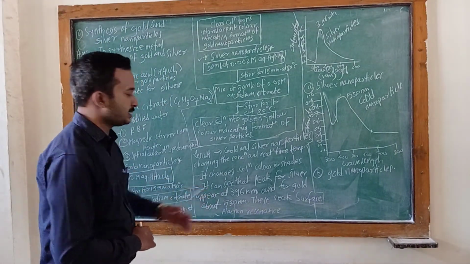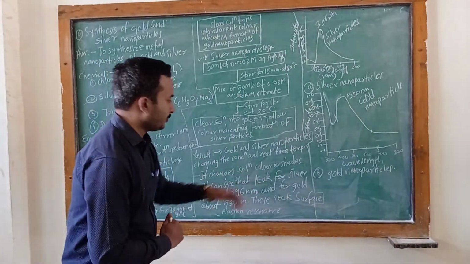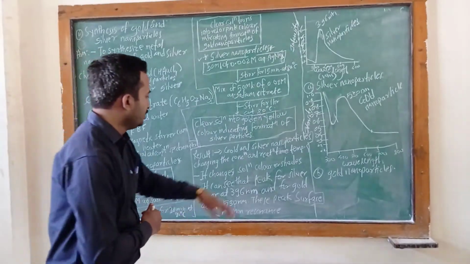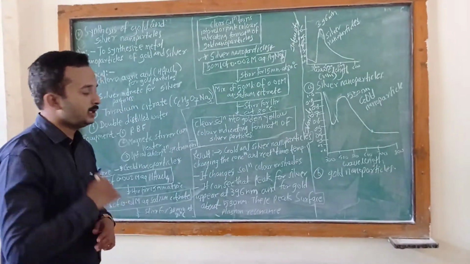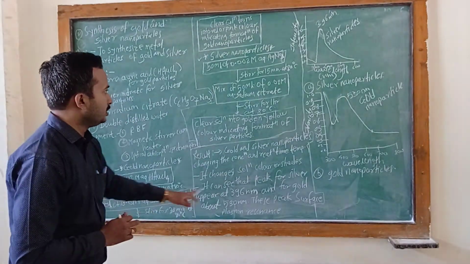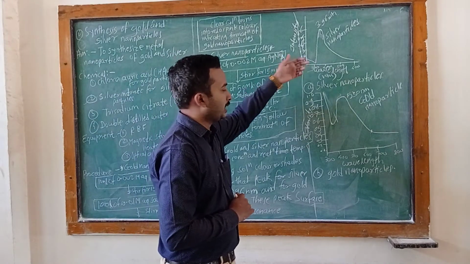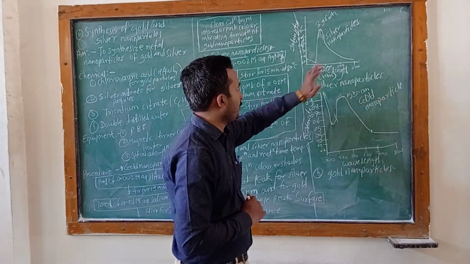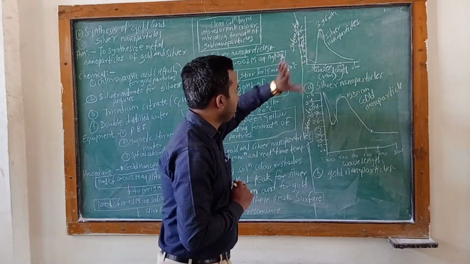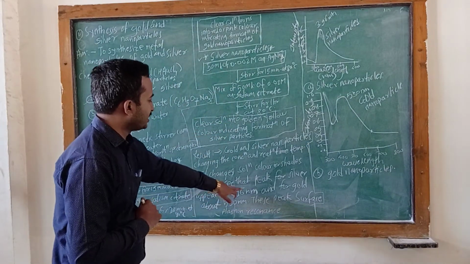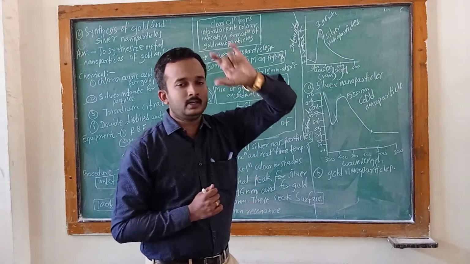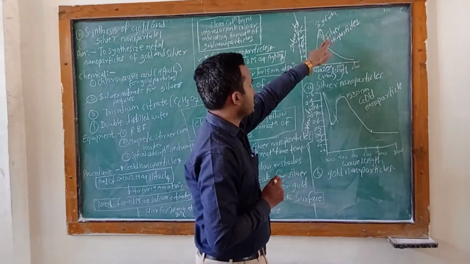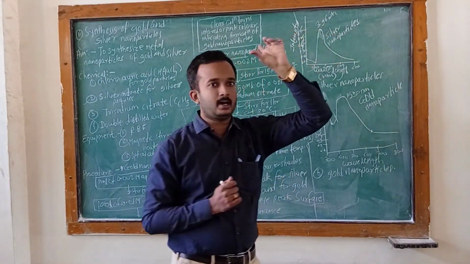The third result says that the peak for silver appears at 396 nanometer. This is the first graph, about the silver nanoparticle, and this peak shows that silver nanoparticles are formed.